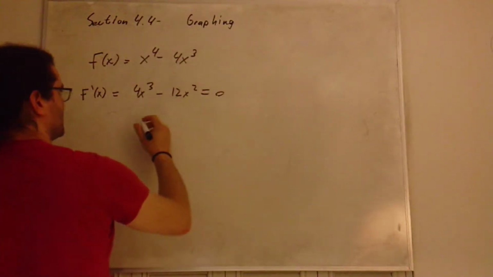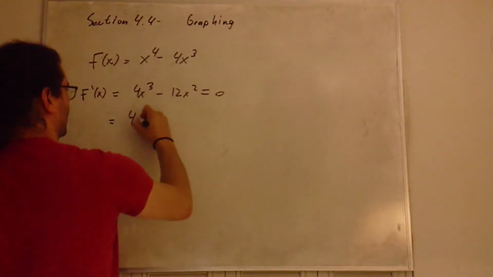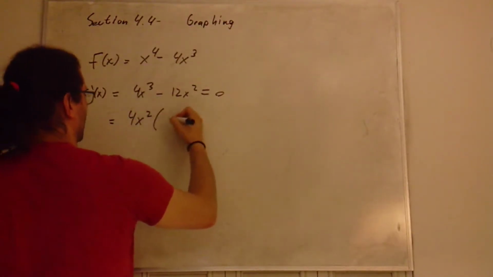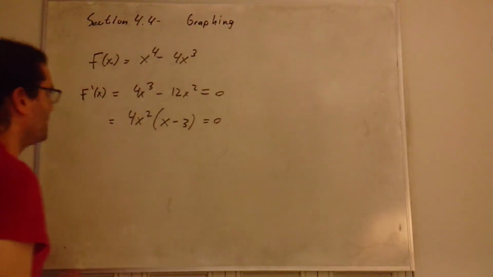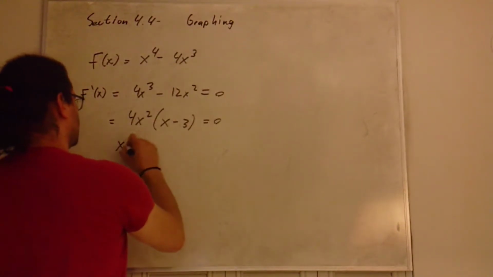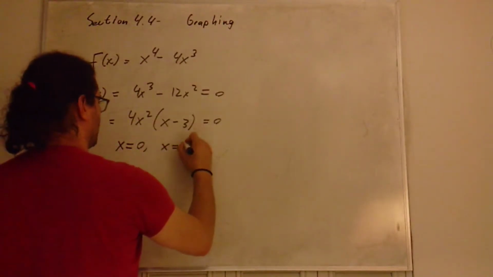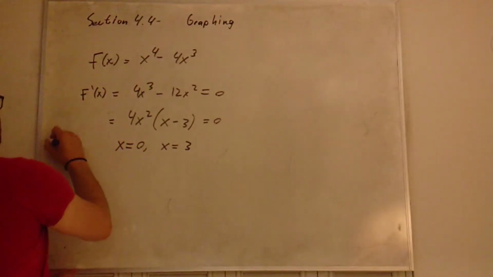I'll set this equal to 0 and factor some stuff out. I'll pull out the 4x squared and be left with x minus 3 equals 0, which means I have critical points at x equals 0 and x equals 3.